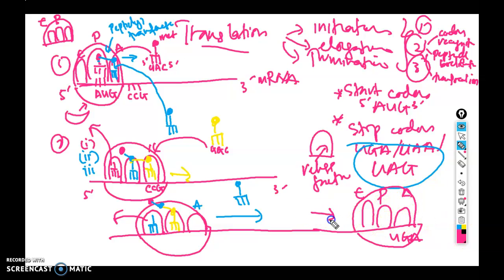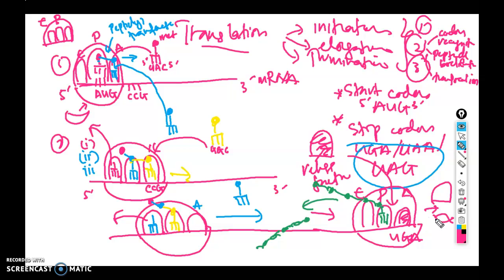When the ribosome reaches the stop codon, the release factor will enter the A site, and this release factor will cause the bond between the amino acid and the tRNA at the P site to be detached, and the polypeptide will be released, and the ribosome will dissociate.